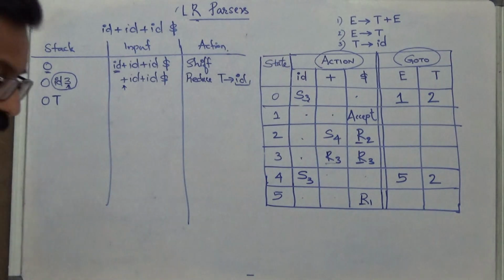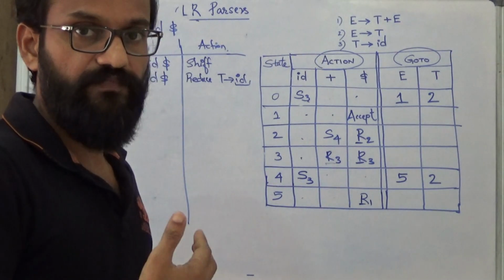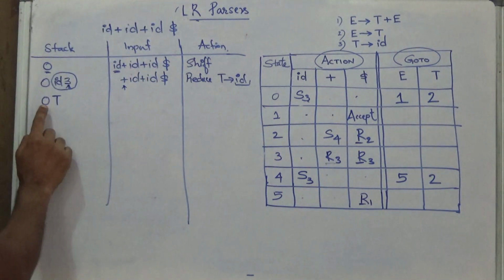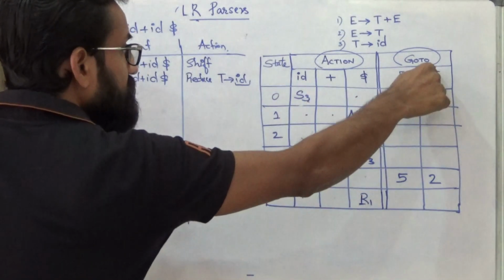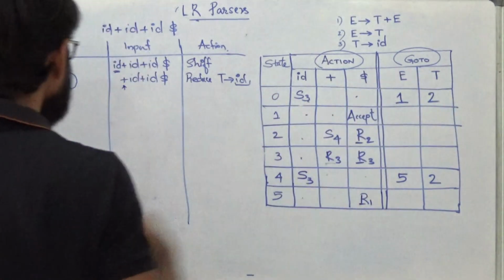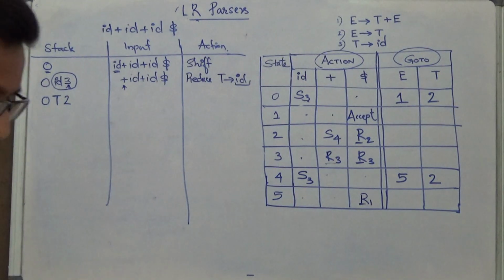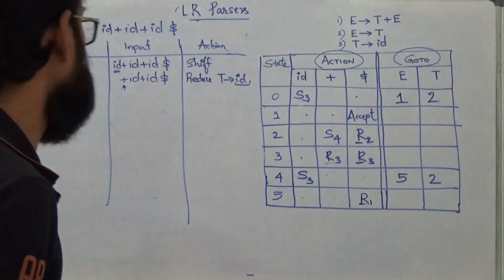Whenever you perform a reduction operation, the parser will perform a go to operation. So go to 0T. 0T is 2, so 2 will be pushed. Always the state label will be on the stack top.